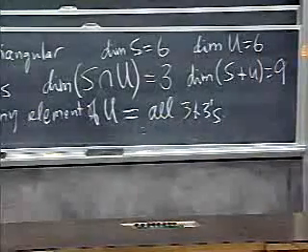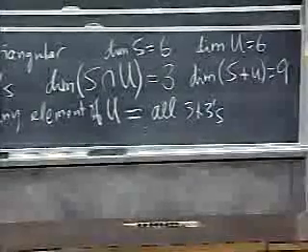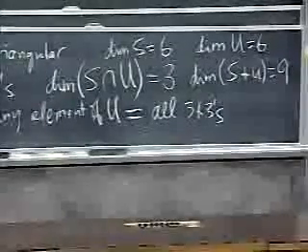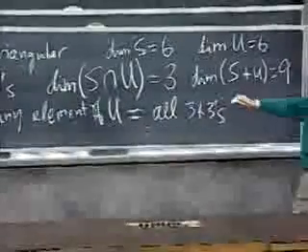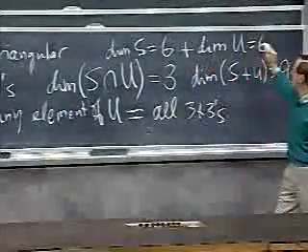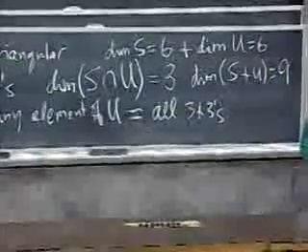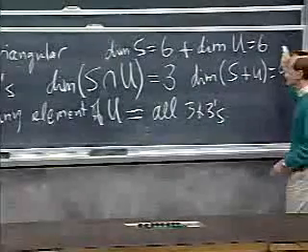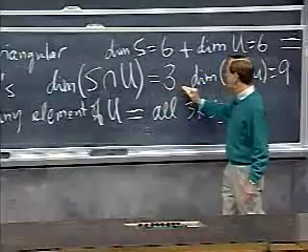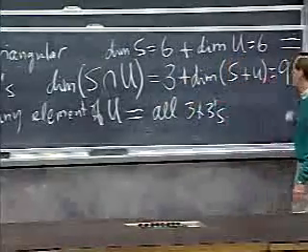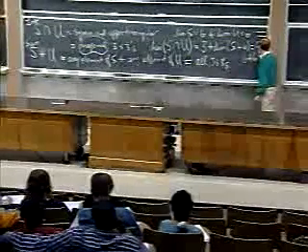And I'm seeing here a nice formula: the dimension of S plus the dimension of U, if I have two subspaces, the dimension of one plus the dimension of the other equals the dimension of their intersection plus the dimension of their sum. 6 plus 6 is 3 plus 9.